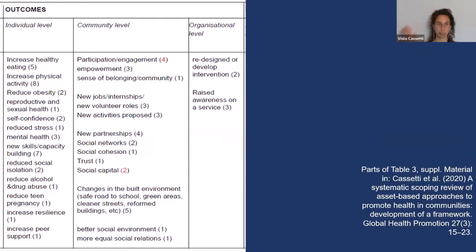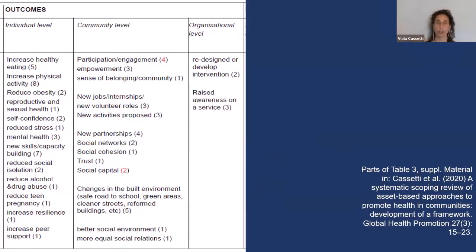You have the increase in healthy eating, physical activity, reduced obesity, etc. But you can also have reduced stress, or self-confidence, or developing new skills, capacity building. So all these outcomes can happen at different stages, throughout the mobilization of the asset and after the mobilization of the asset.